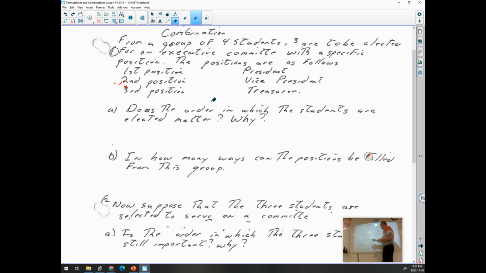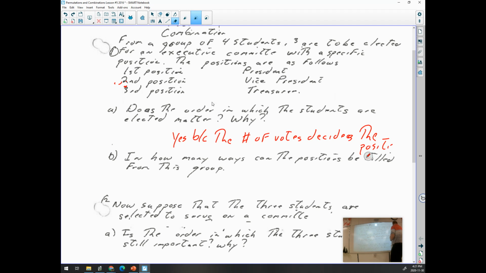Yes, because we have the number of votes besides the position. So I'm using votes in this case, but the first person chosen is going to be the president, etc. So the order is important. This is an arrangement of objects.